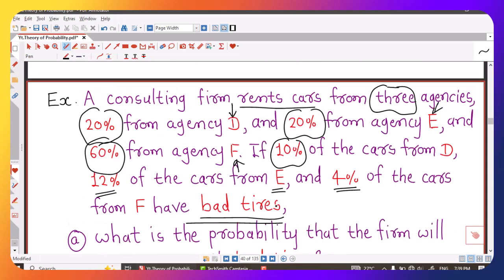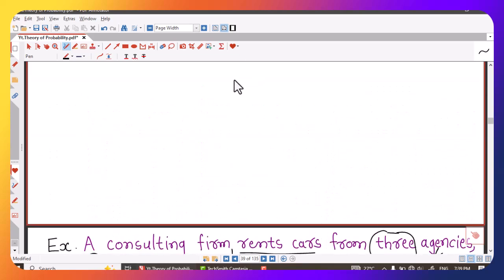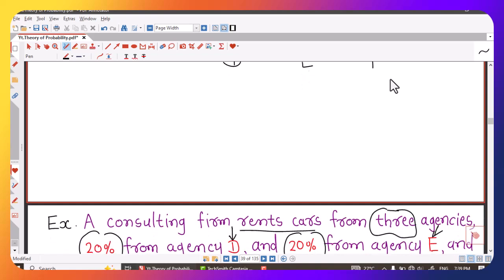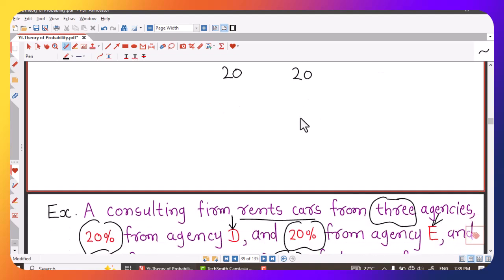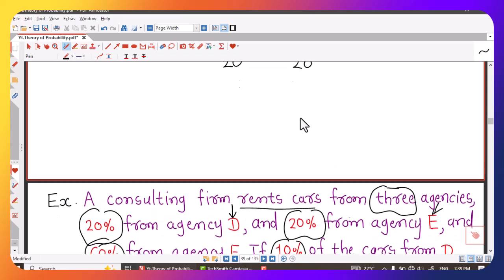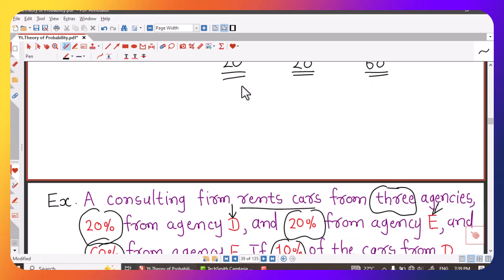So this is the given information that a firm takes cars on rent from three agencies given by D, E and F, and the percentage of cars from different agencies are 20% from agency D, 20% from agency E and 60% from agency F. These are the percentage of cars rented from these three different agencies.